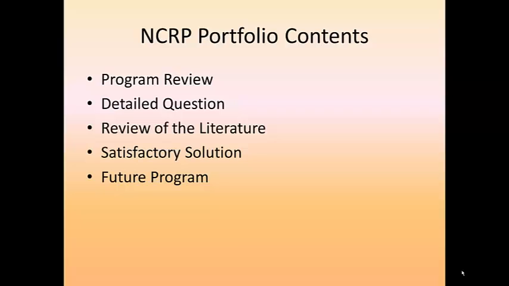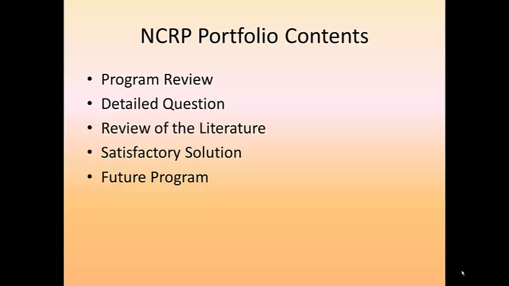Next, you will write an extensive written discussion concerning how the literature in the field provides a satisfactory solution to the detailed question and the importance it has to the field.